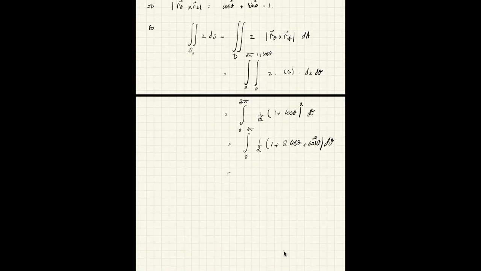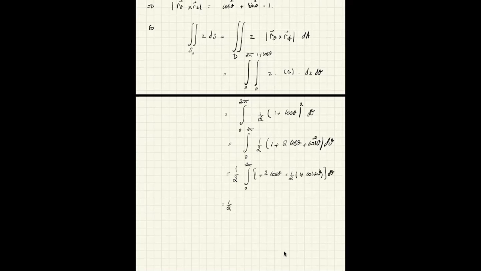And this is 1 over 2, the integral from 0 to 2 pi, 1 plus 2 cos theta plus 1 over 2, 1 plus cos 2 theta d theta.